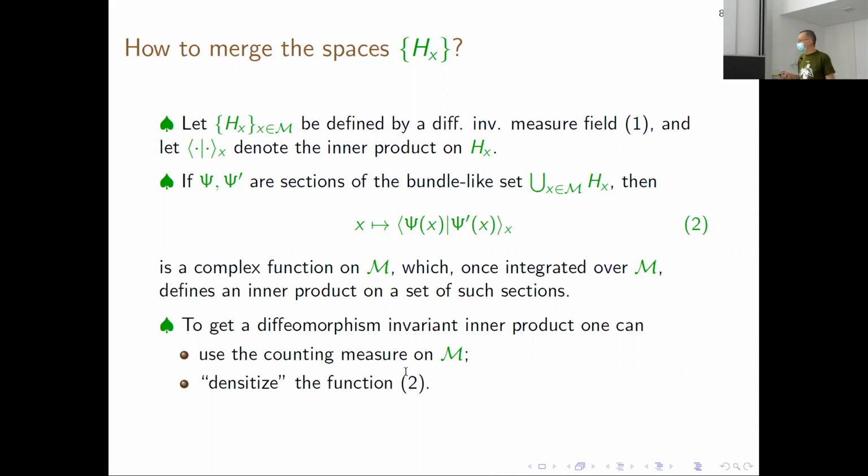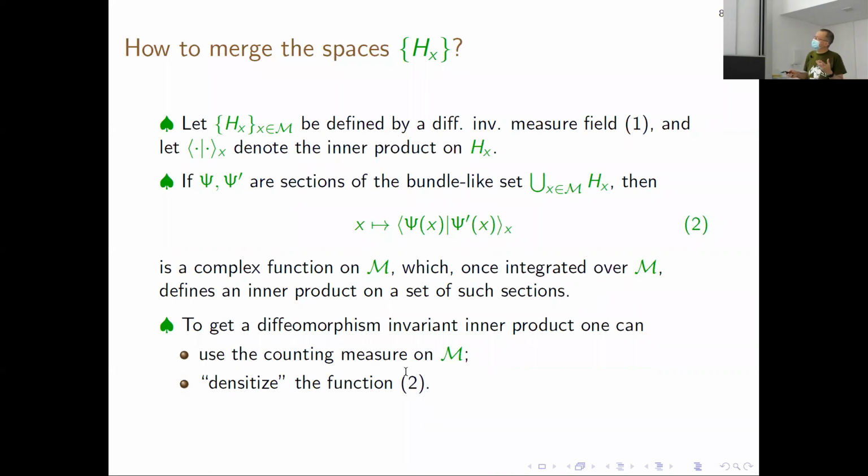So, of course, I can use the counting measure of this manifold, because this measure is diffeomorphism invariant. And using this measure, I will obtain one sort of Hilbert spaces. I can also, in a sense, densitize this function.